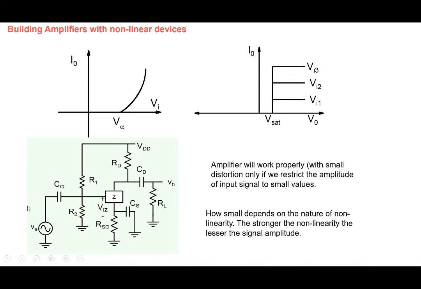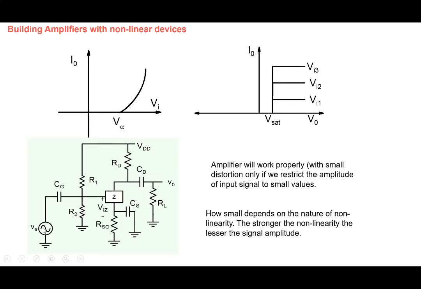So now what we are seeing is that if we have a device with the characteristics in this particular manner here, output current versus input voltage nonlinear with a threshold, and output current versus output voltage in this particular manner, we could make an amplifier which would amplify the small voltage that is applied here.